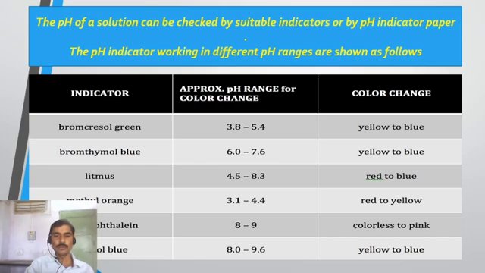Bromocresol blue: approximate pH range for color change is 6.0 to 7.6, and color change is yellow to blue. Litmus: approximate pH range for color change is 4.5 to 8.3, and color change is from red to blue.